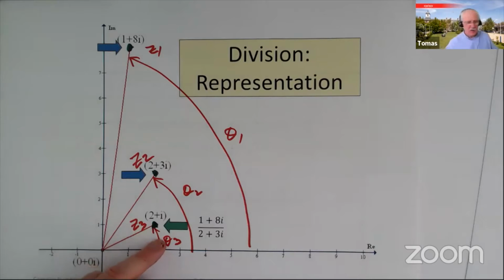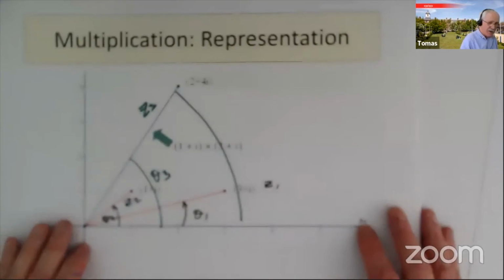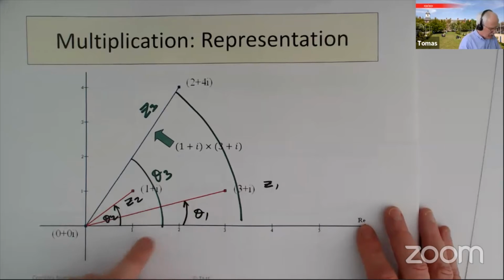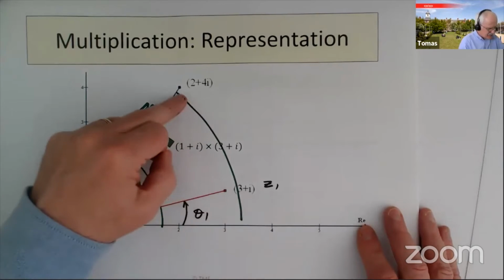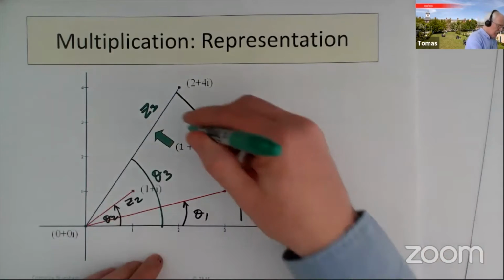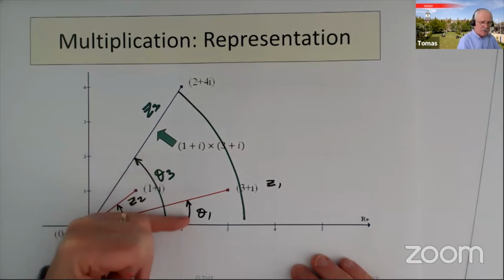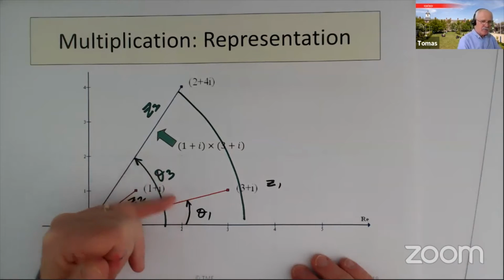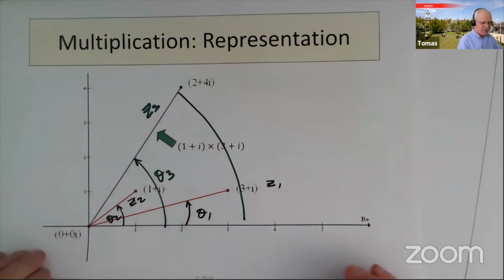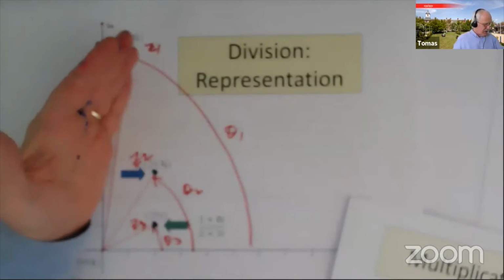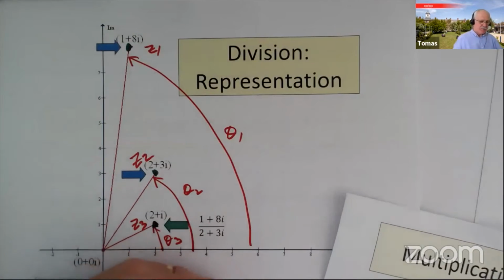And if we go back to our multiplication, way back, and multiply this number by this number, theta 1 plus theta 2 gives us theta 3. So the way it works is that when you're multiplying complex numbers, you add the angles of their line to 0 plus 0i. When you're dividing, you subtract the angles.